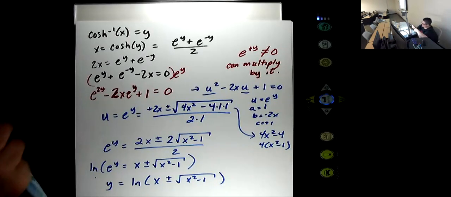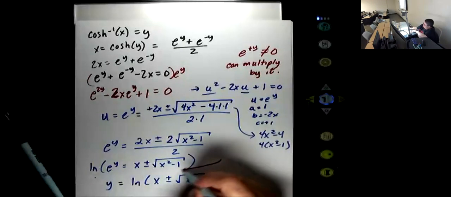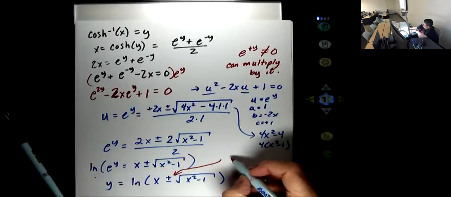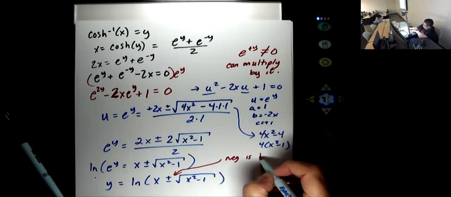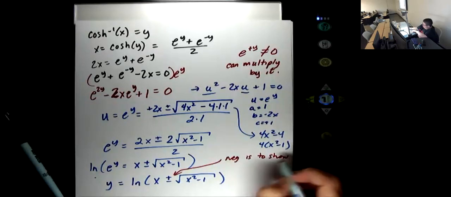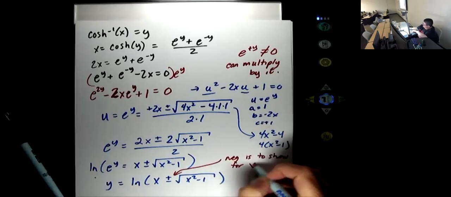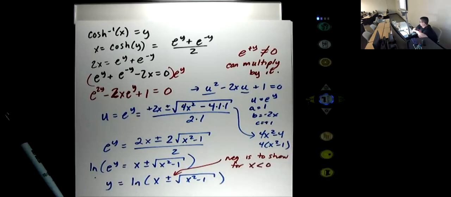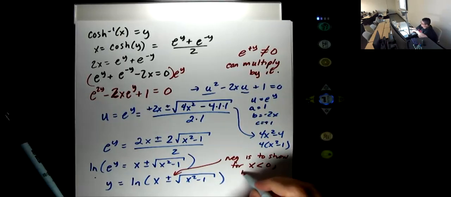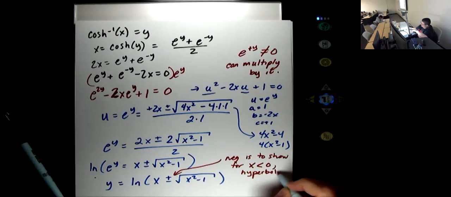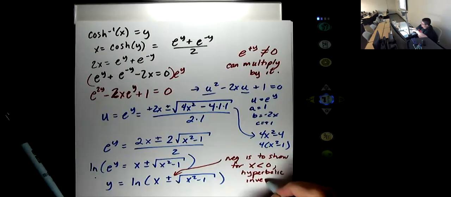The negative portion is to show x values less than 0, but hyperbolic inverse cosine doesn't have x less than 0.